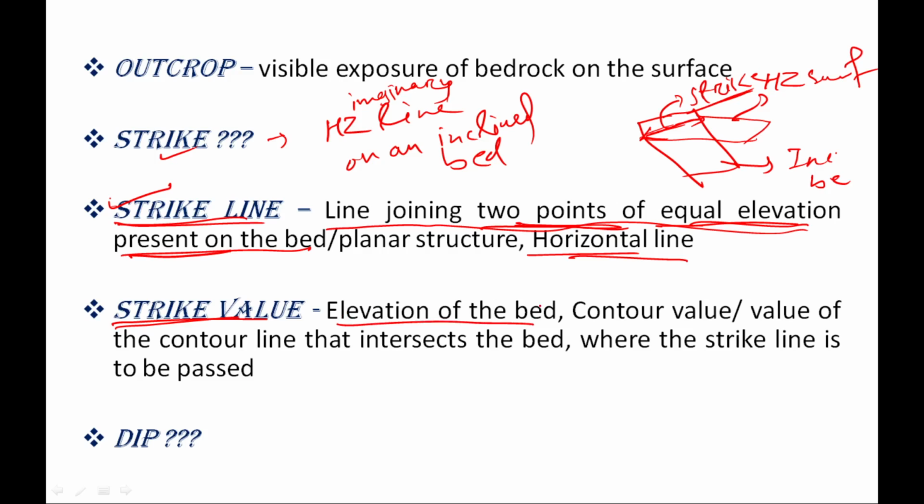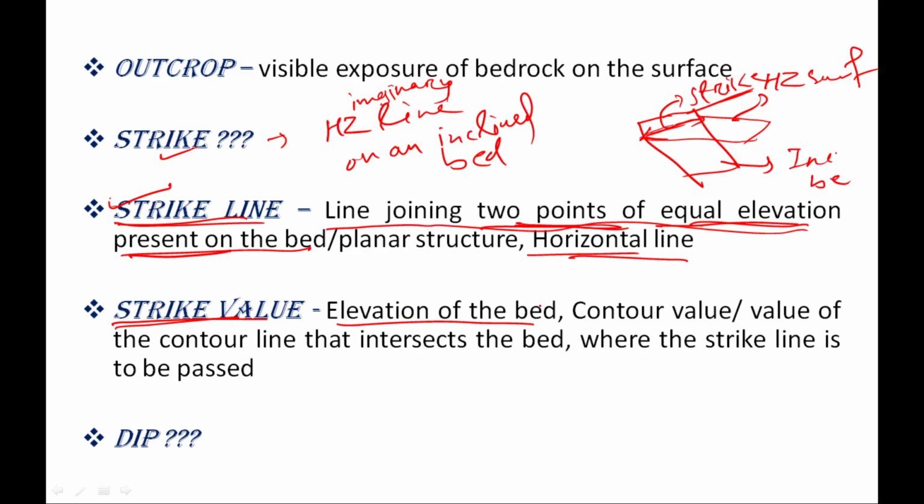The strike value gives you the elevation of the bed, not the elevation of the surface. The elevation of the surface you can know from the contour value, right? I am describing it as we are going to use it on a map. So on a map, when you are talking about the elevation of the ground surface, you can know it from the contour value.